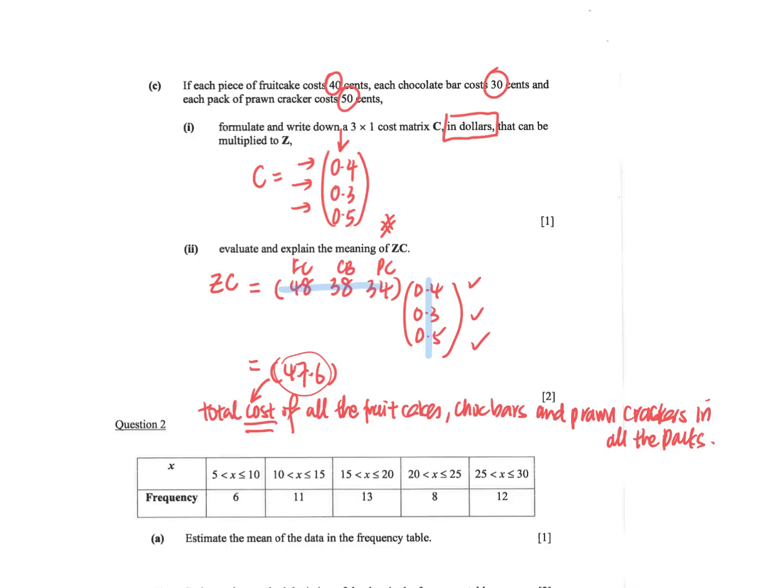Okay, so you must give me in matrix form. You cannot just write 47.6 because this is a 1 by 3. This is a 3 by 1. Your final answer is a 1 by 1 matrix. 1 column, 1 row.